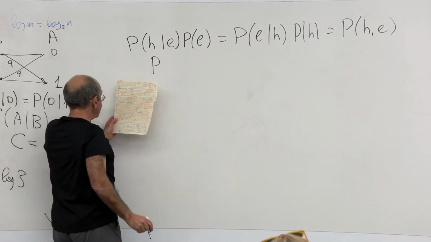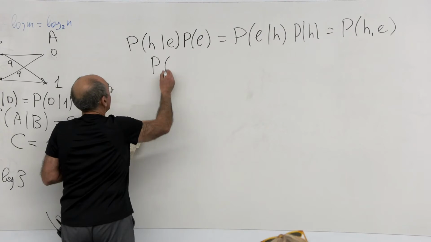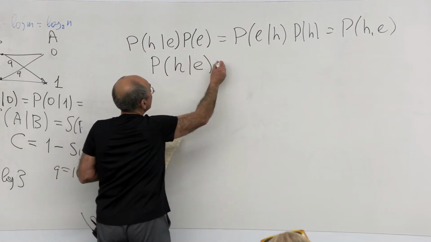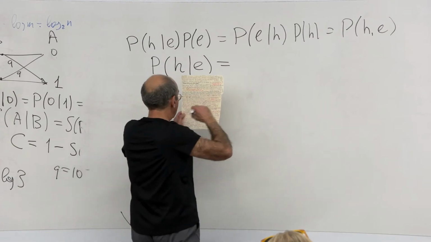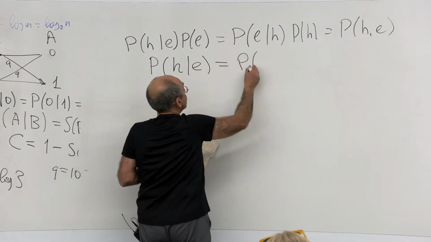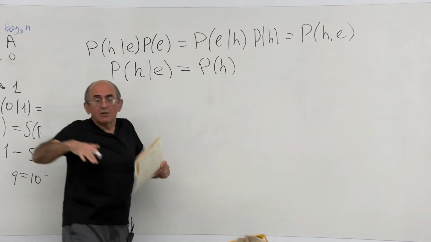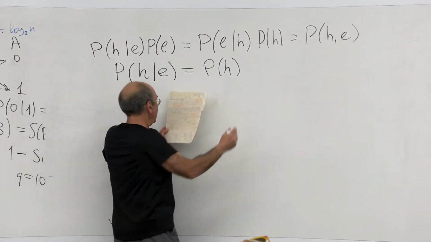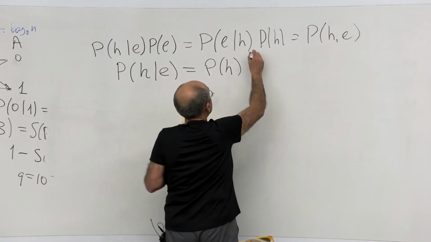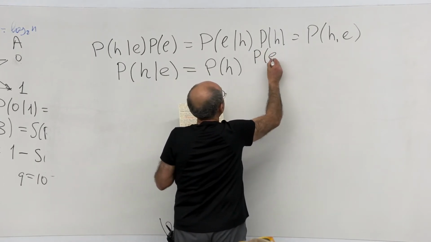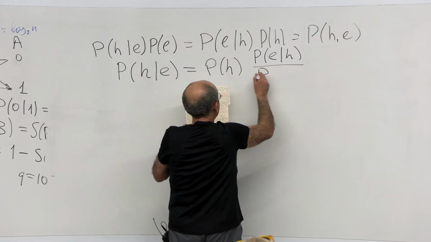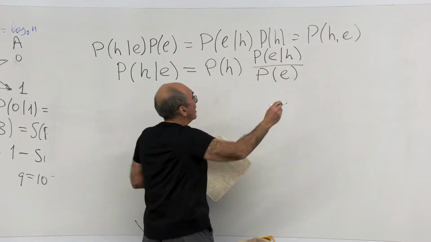So let's write this formula in the following way. The probability of the hypothesis being true under a given evidence is the probability of the hypothesis without any evidence or data, or at least this piece of data, times P of E under H divided by P of E. It's Bayes.